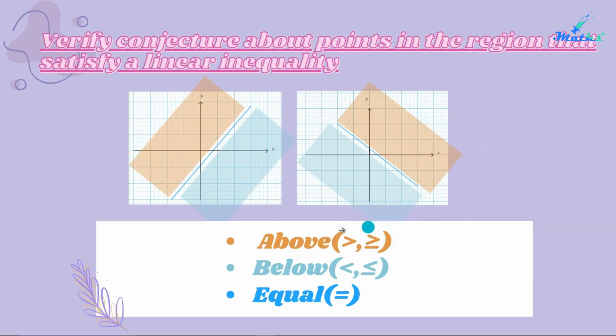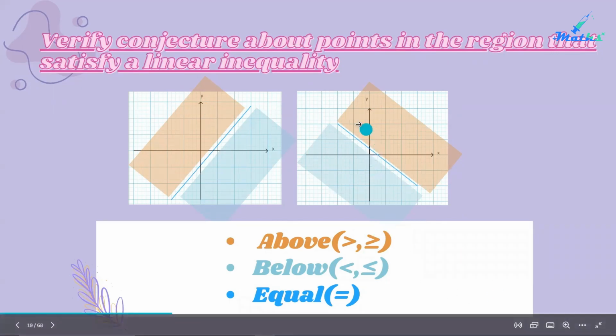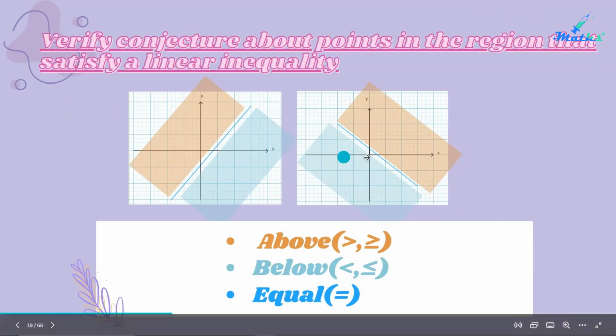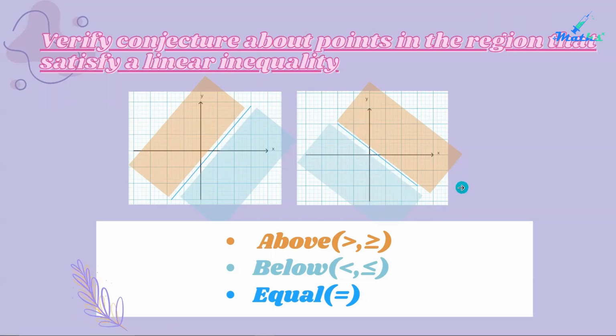The symbol is here. The area below the line is less than or less than or equal to. And the line represents equal.